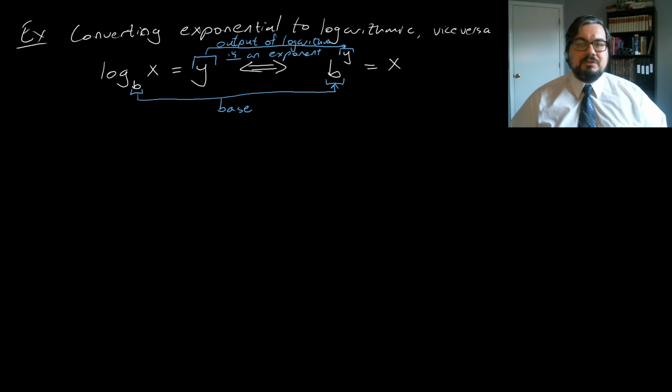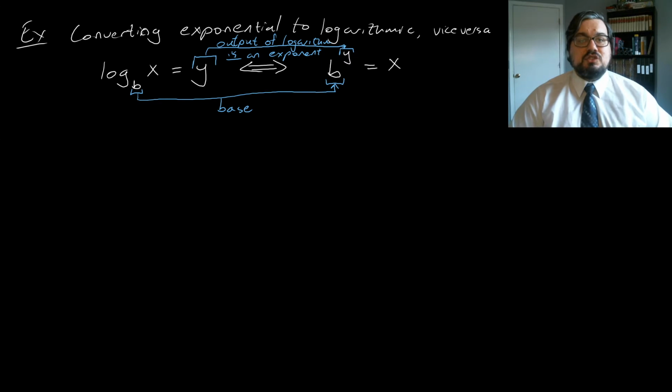The logarithm function is the inverse of an exponential function, which means that the output of the logarithmic function is the input to the exponential function, namely the exponent. So the output of the logarithm is an exponent. And so the exponent that appears in the exponential form of the equation becomes the output of the logarithm, whereas the output of the exponential function becomes the input to the logarithm.